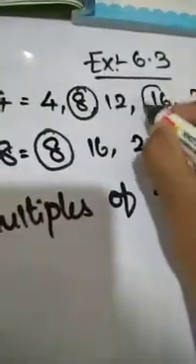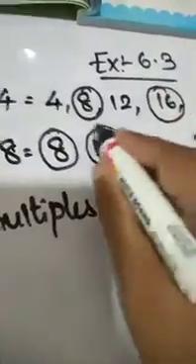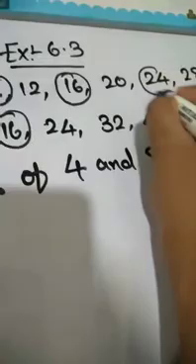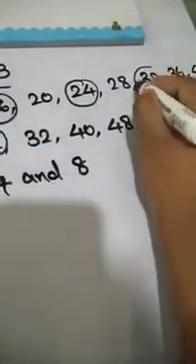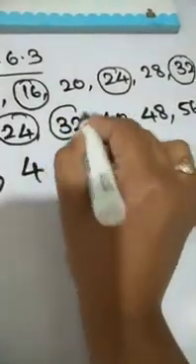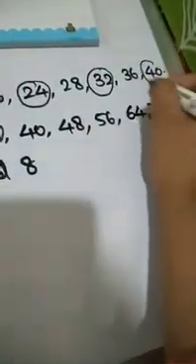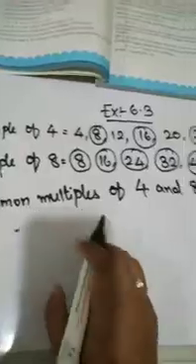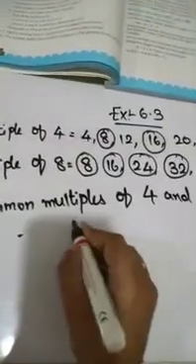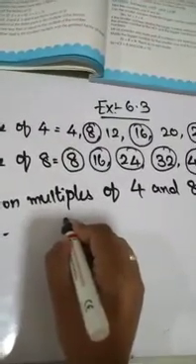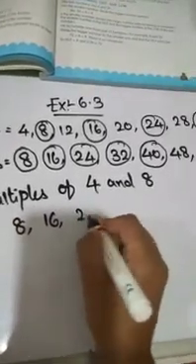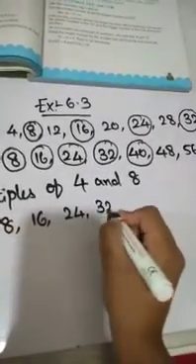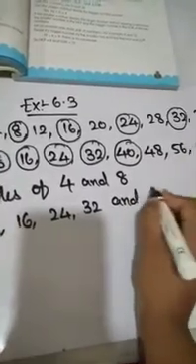Next 16, next 24, next 32, and last 40. The common multiples of 4 and 8 are 8, 16, 24, 32 and 40.